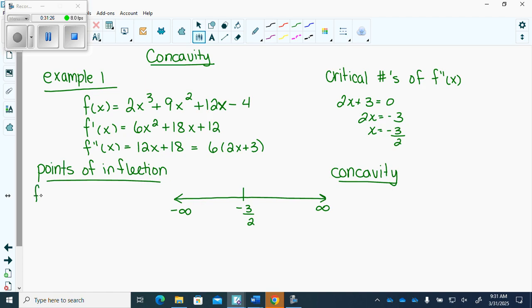So if I go f of negative 3 halves, I'm going to get 2 times negative 1.5 cubed plus 9 times negative 1.5 squared plus 12 times negative 1.5 minus 4.